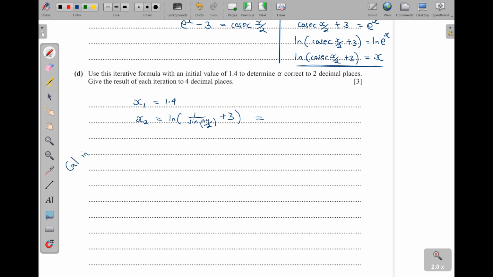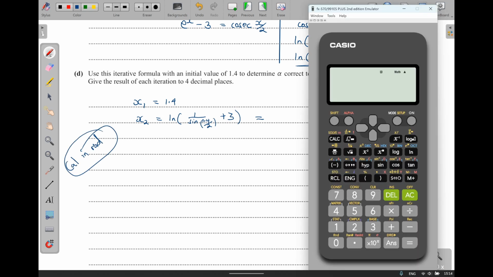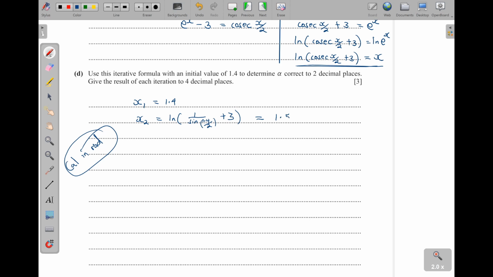We have natural log of 1 over sine, of 1.4 divided by 2, close the bracket, then plus 3. What do we get? We have 1.5156.